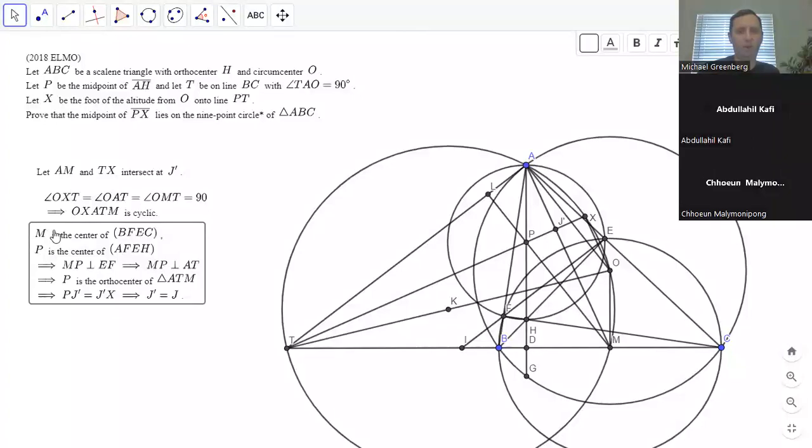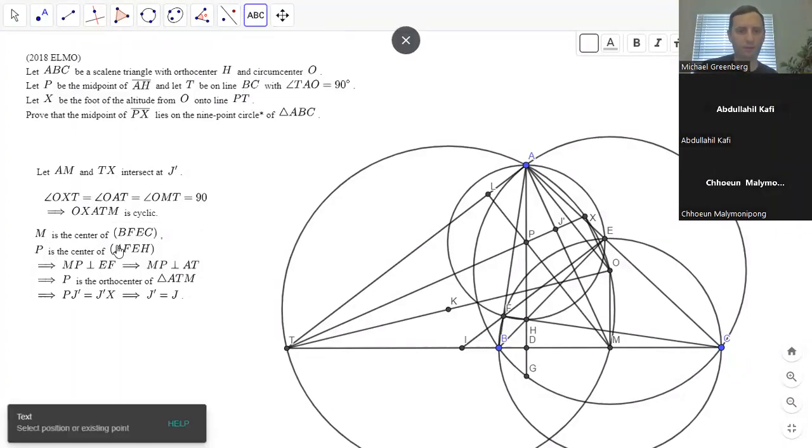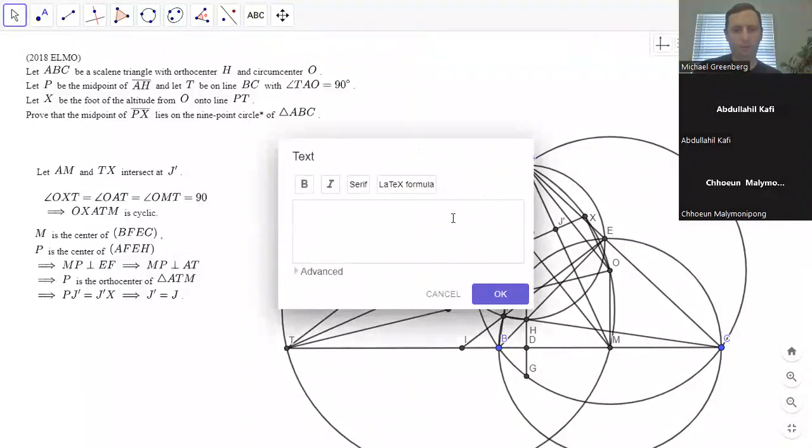And then JPDM is cyclic. P, D, and M lie on the 9-point circle.